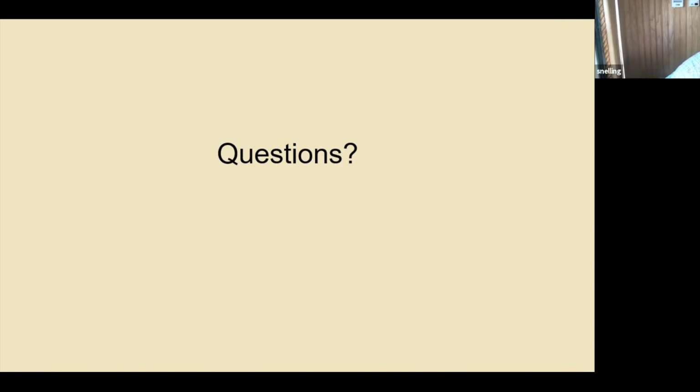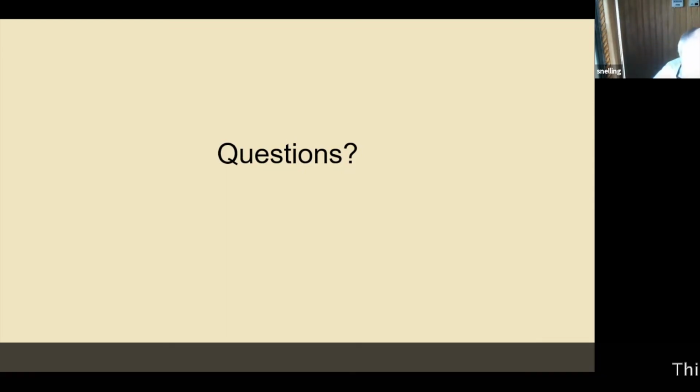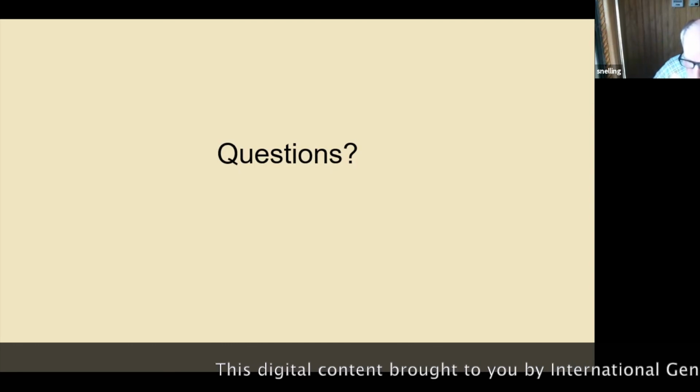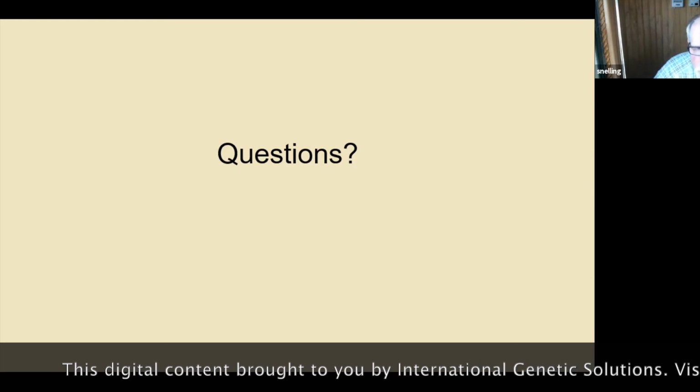Hopefully you can hear this question better. What is the magical number of calls or imputations to equate to a 50K or a 250K for those traditional cattlemen that have been pulling 50Ks or 250Ks based on your low pass research? Let me try a different connection on this. What is the magical number of calls or imputations that you would say to equate to a 50K or 250K that our traditional breeder is out collecting today on SNPs?